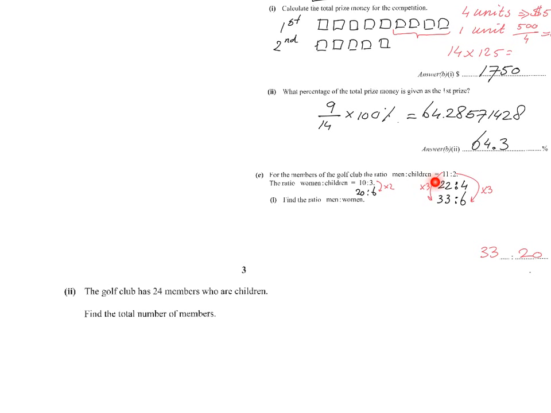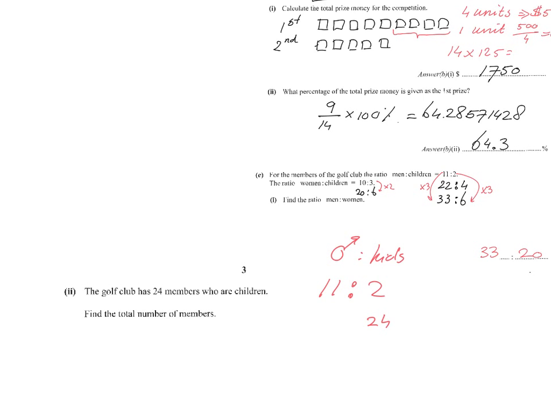Now let's look at those ratios. If I say that men to children is 11 to 2, so these are men and these are kids, then the 2 is the 24 kids. So what am I saying?